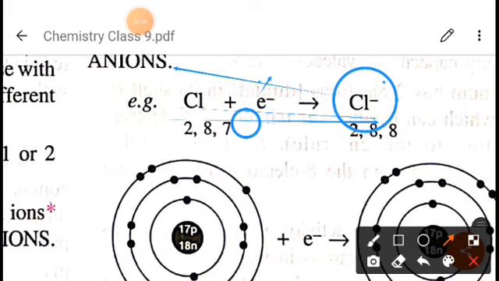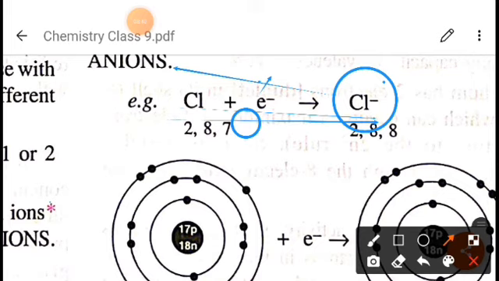So if any atom takes an electron and converts into an ion, that type of ion is called an anion. If it gives an electron and converts into an ion, it is called a cation. Giving an electron means cation, accepting an electron means anion.